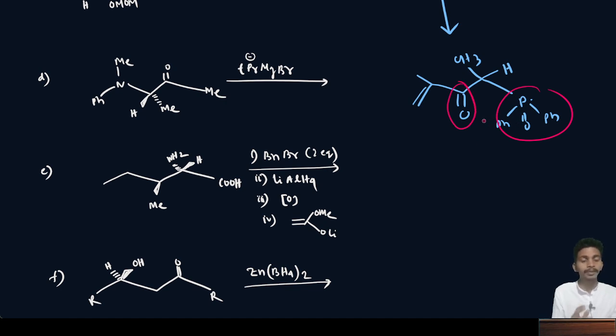Now for attack of the reagent from Cram's model, if the large group is syn to the carbonyl group, then the attack of the reagent is from the medium group side, and this medium group is on the left side.